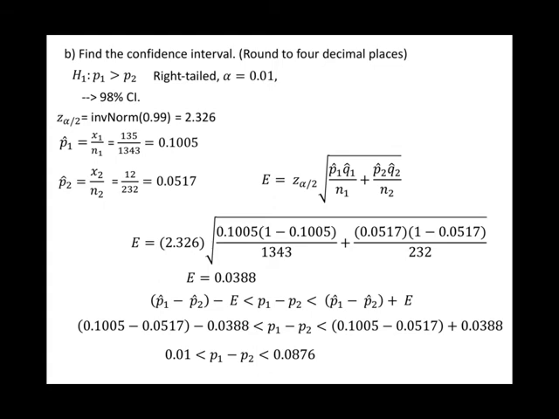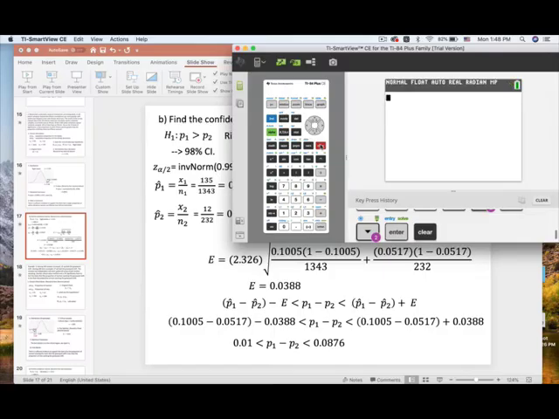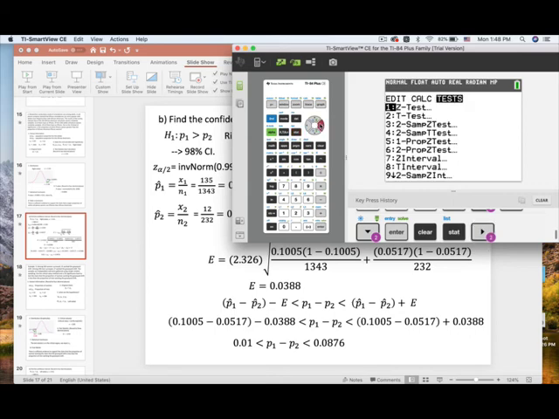Okay, let me use the calculator to show you how to get the confidence interval, and also how to input into your calculator to find the margin of error. So first, use the calculator to construct the confidence interval. We're going to go to STAT, go to TESTS, go down. You're going to find 2-PropZInt, the confidence interval.